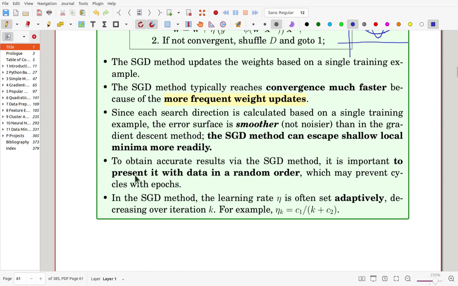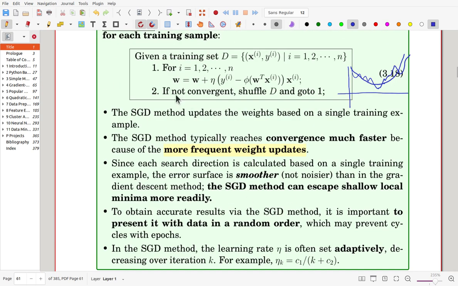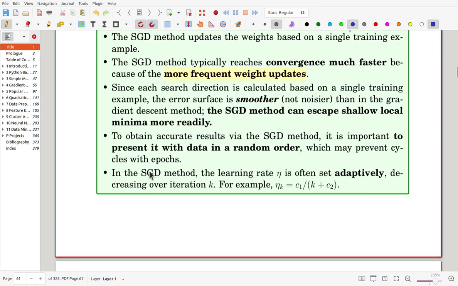Now, to get accurate results through SGD, you have to access the data in random order. If you access the data in a fixed order, then possibly W will go through a cycle, so you have to access the data in random order.